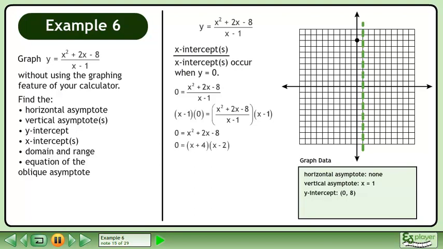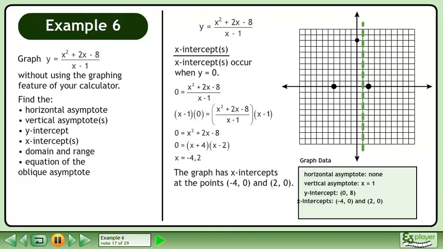Factor the trinomial to get 0 equals (x plus 4)(x minus 2). The roots of the equation are x equals negative 4 and 2. The graph has x-intercepts at the points (negative 4, 0) and (2, 0).